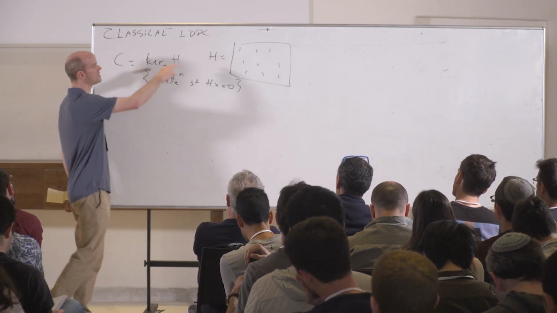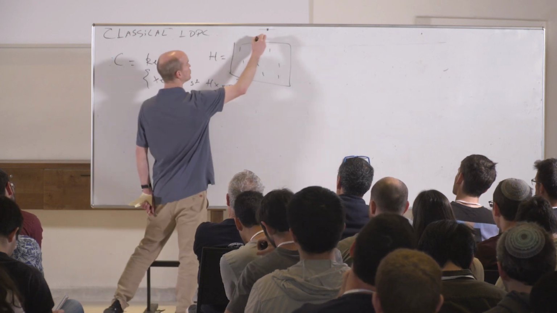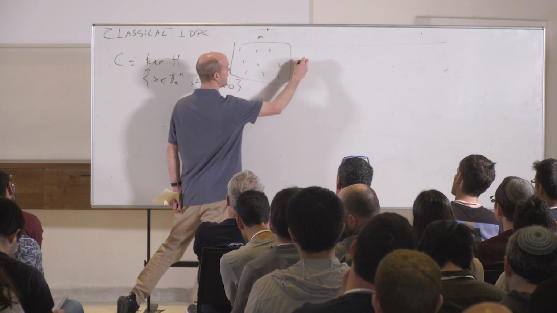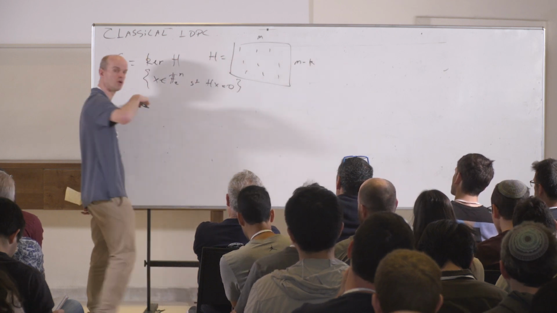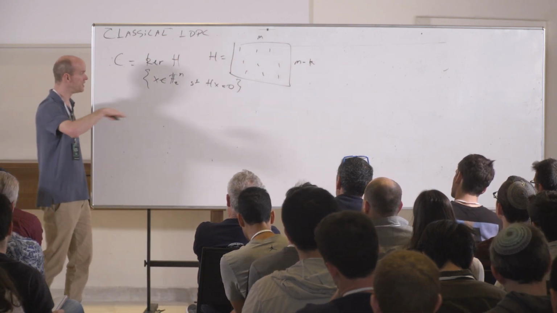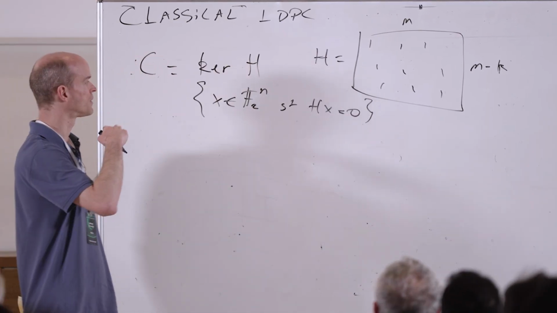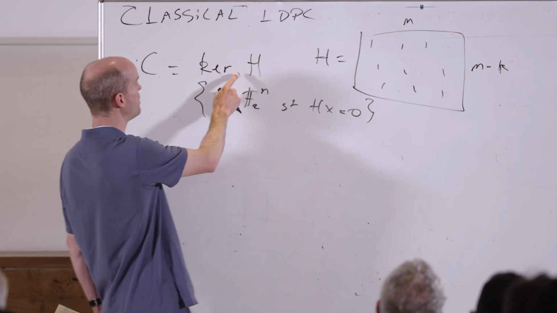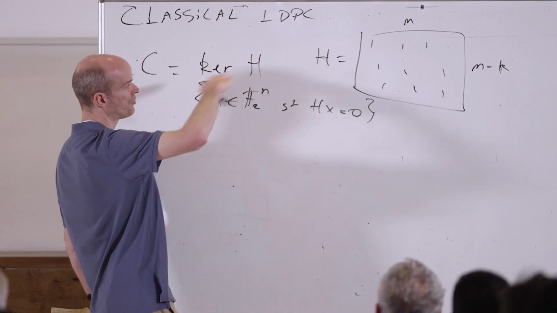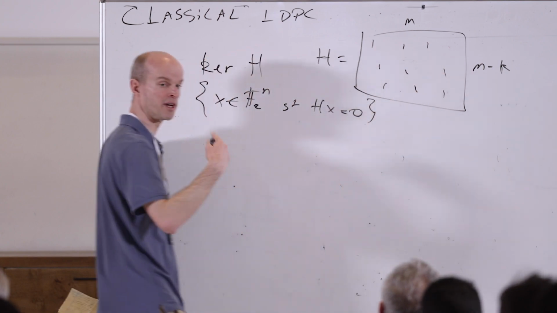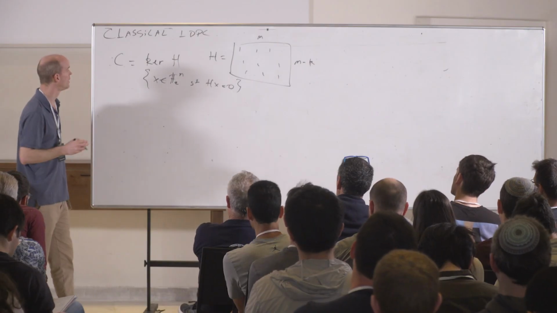The matrix has n columns and typically n minus k rows. Each row gives you an equation, a constraint, that you have to satisfy. If the constraints are independent, the dimension will be n minus the number of equations, so k.